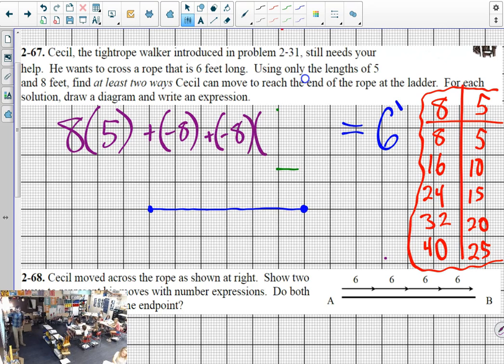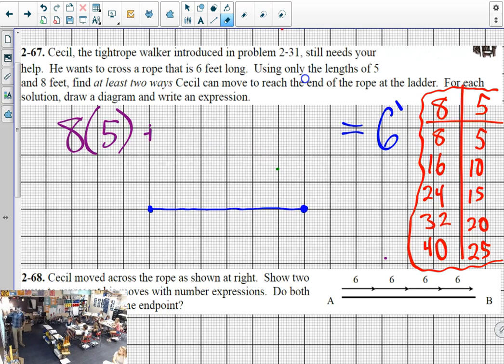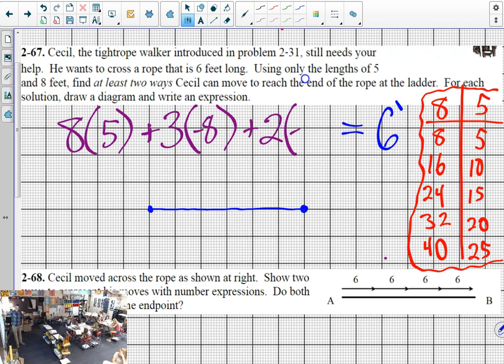This is getting redundant. How many times do you do that? 3 times. So I'm not going to write them all out. Instead, I'm going to write they did this 3 times because I hate redundancy. And plus negative 5 2 times. So this together, 2 times negative 5 is what?